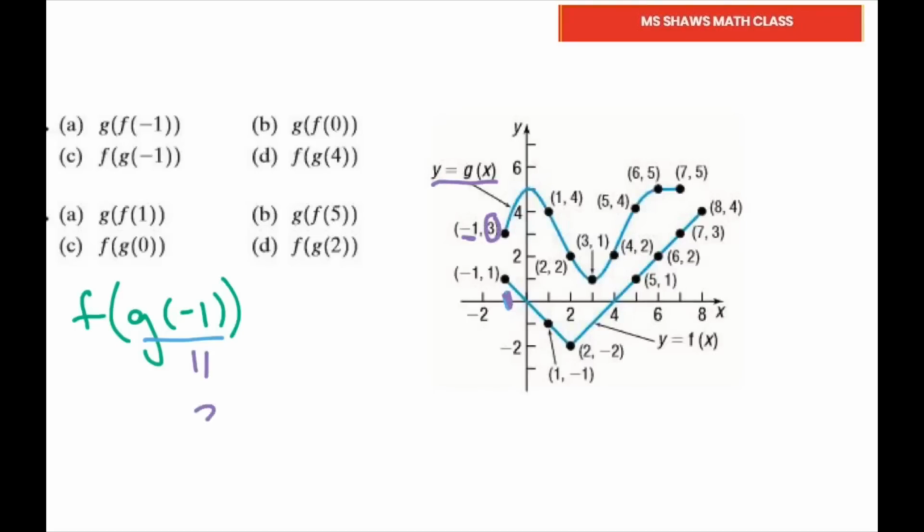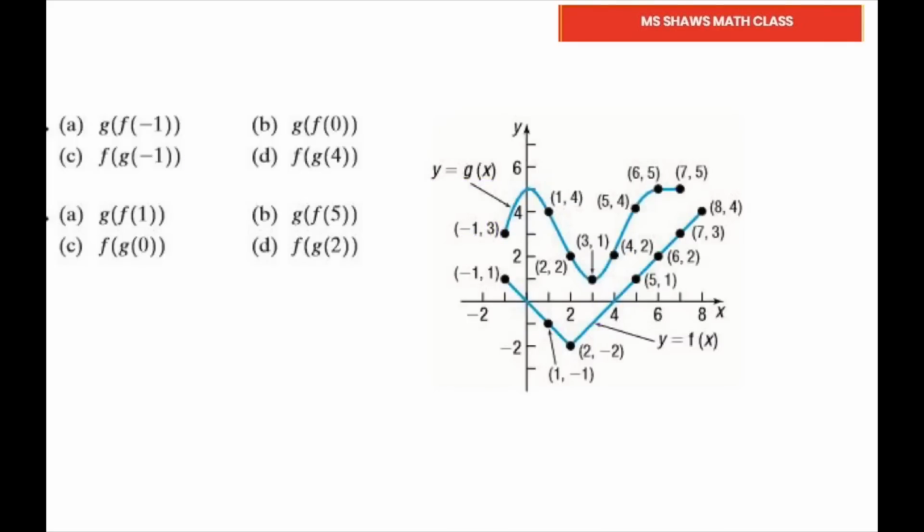So this equals 3. Now do f of 3. So you go to x right here, and then we're going to go to the y. So it's not really labeled, but if you draw down to this point here, that's going to be -1. So this equals -1, so this whole thing here is -1.